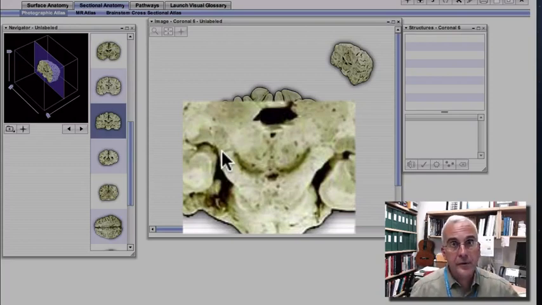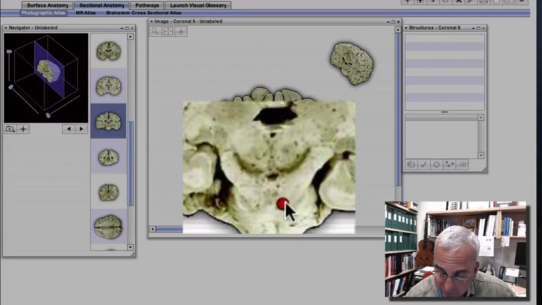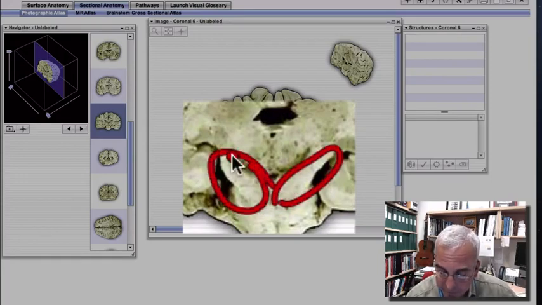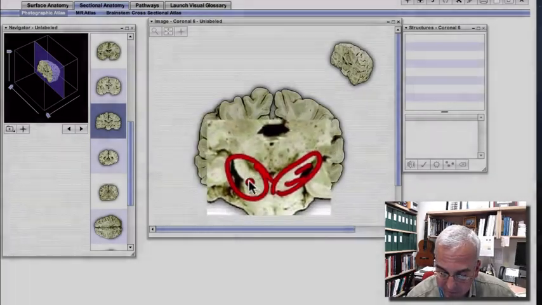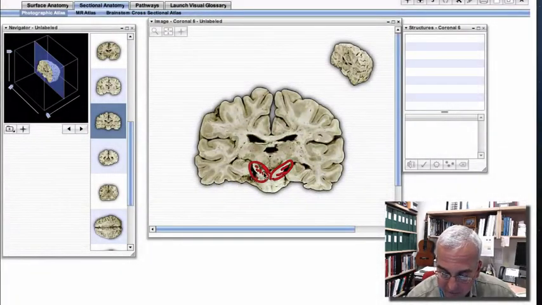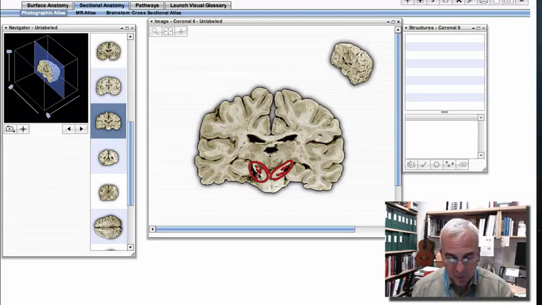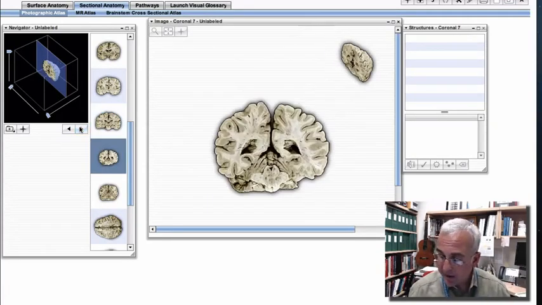Well, just inferior and lateral to our dark substance, our substantia nigra, we find the cerebral peduncle. So here's our cerebral peduncle. So now the axons of the corticospinal and corticobulbar tracts have made it down here into the cerebral peduncles. We can follow these cerebral peduncles even further into the brainstem, and we notice that now those peduncles have entered the pons.